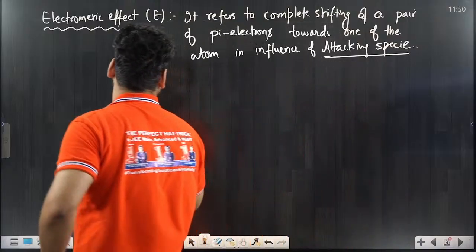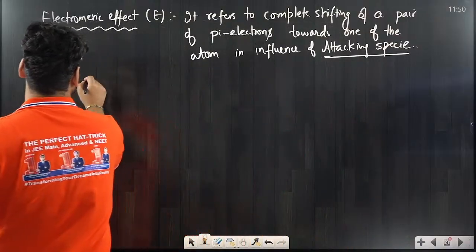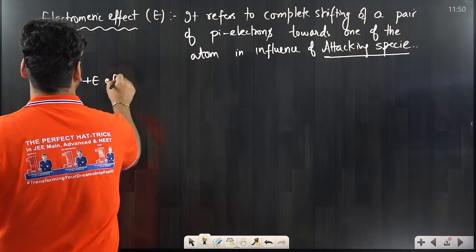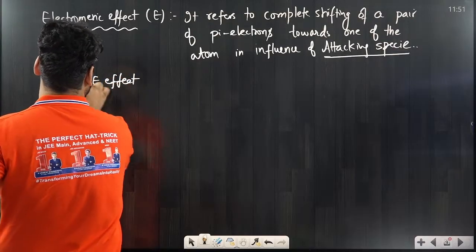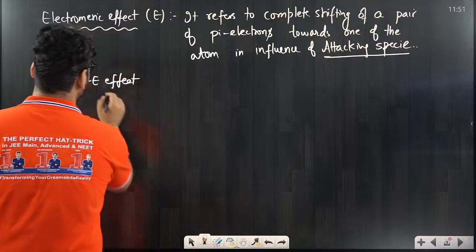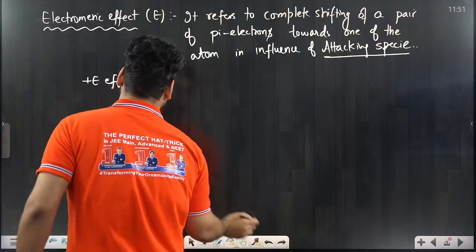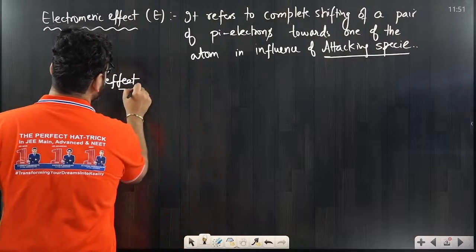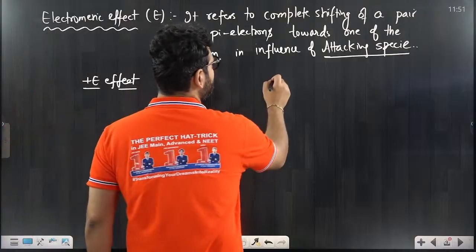So the electromeric effect is of two types, plus E effect and minus E effect. It's very easy to learn. I'll give you a trick to remember it also.